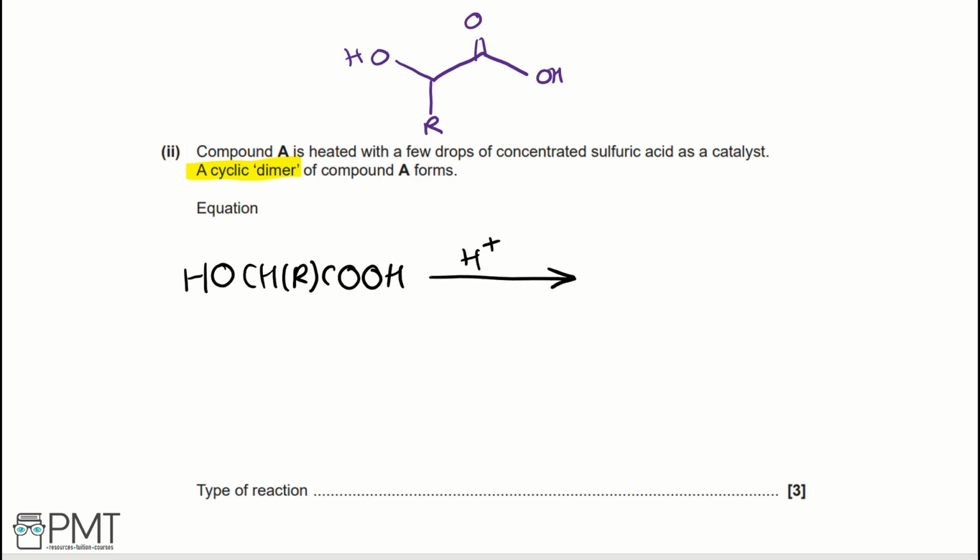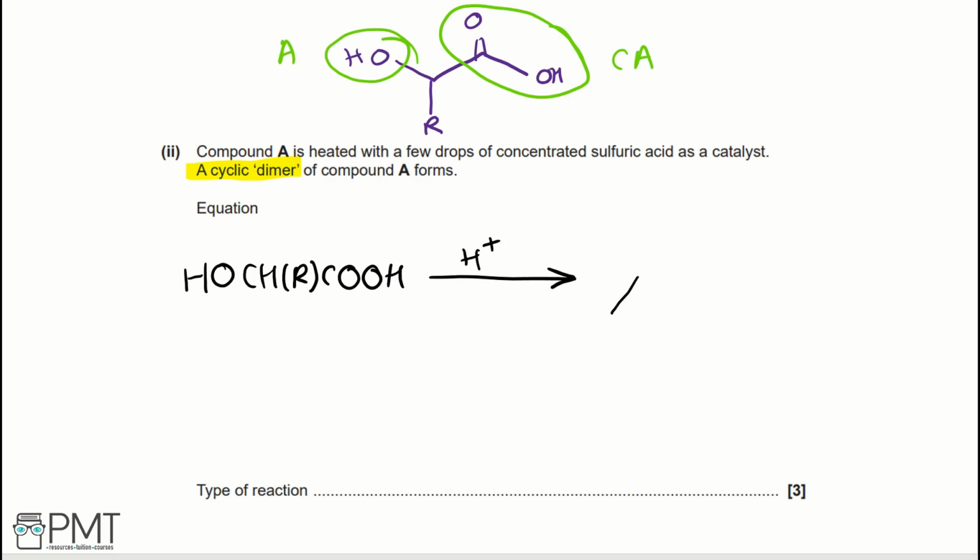This we're going to form because we've got a carboxylic acid and an alcohol. If I label those groups, we've got carboxylic acid here, so carboxylic acid I'll just write as Ca, and an alcohol there. That's going to form an ester group.